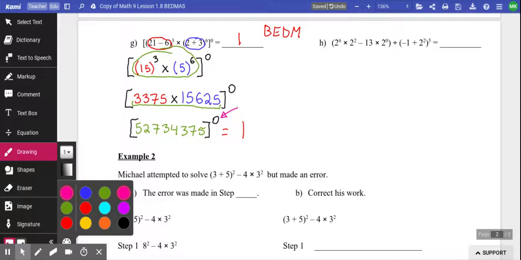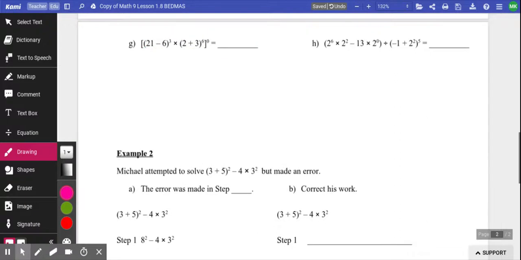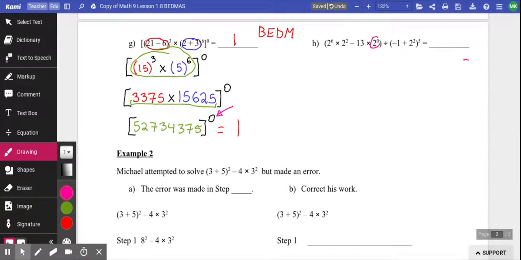So for h, we have an exponent 0, right? When you have an exponent 0, it changes the base and that power to be 1. That 0 has a base of only 2, which means that this turns to be 1, but nothing else.